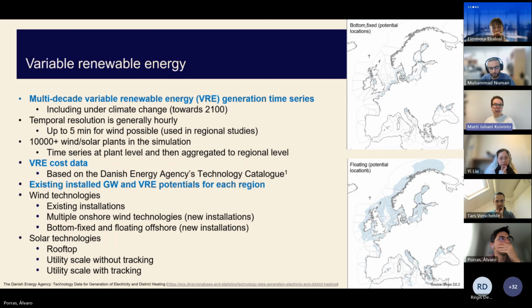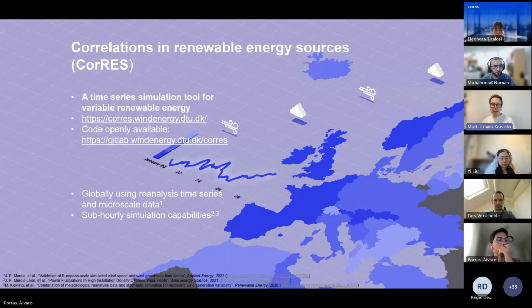Also existing installed gigawatts, to get the baseline level into the scenarios that Álvaro will mention later. And also VRE potentials based on land area availability and sea area availability and so forth. How much can the model then build out going forward? We do the wind and solar technologies mentioned here. But maybe then we can go to the next slide, Álvaro.